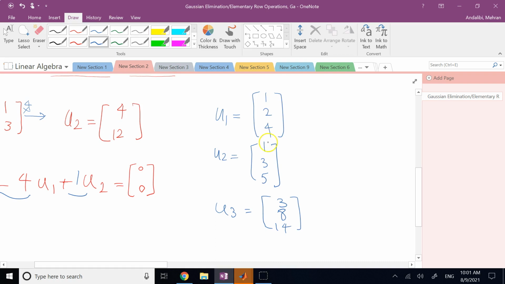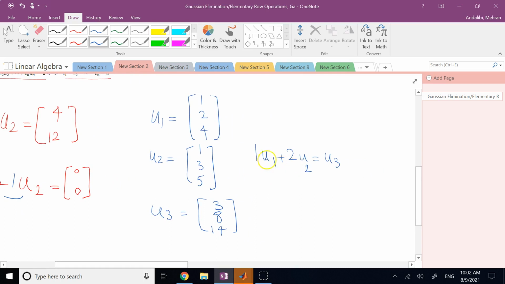Now clearly none of the columns is a multiple of any other. But here, if I say 1 times u1 plus 2 times u2 is equal to u3, a linear combination of two will make the third one.